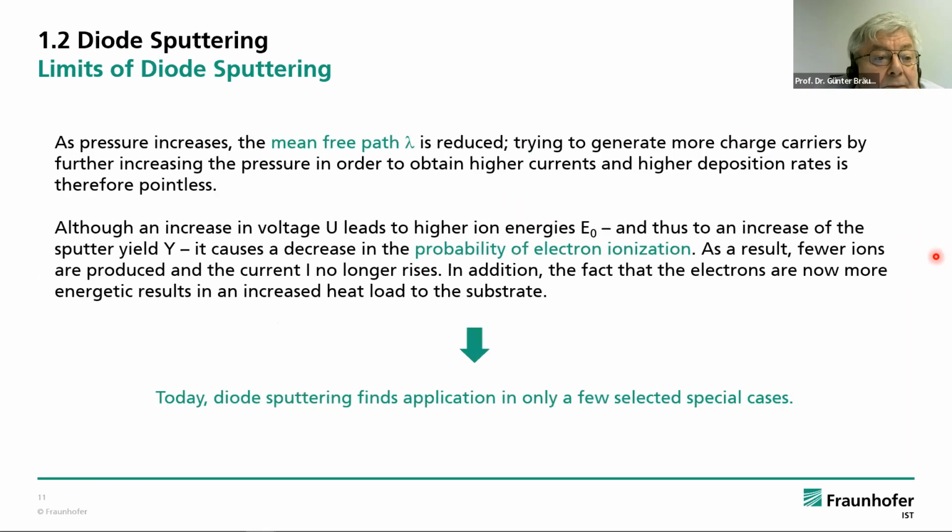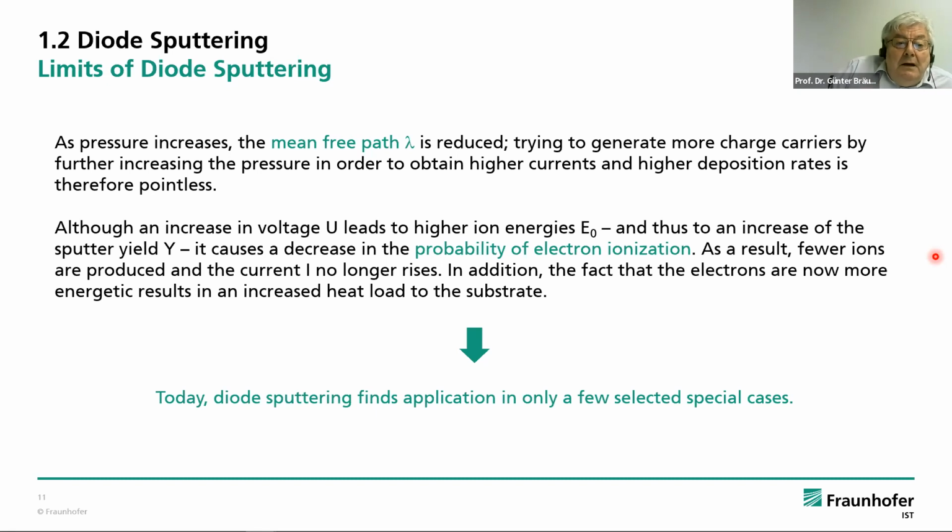Next, please. You could increase the pressure in order to get more ions, in order to increase the deposition rate. The sputter yield is given by physics. What you can do with your parameters is only try to increase the deposition rate.